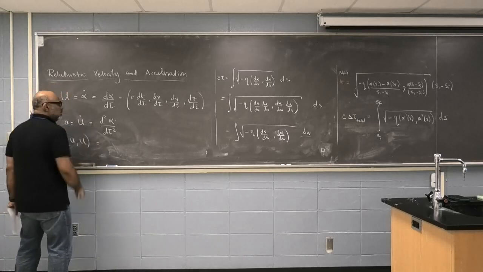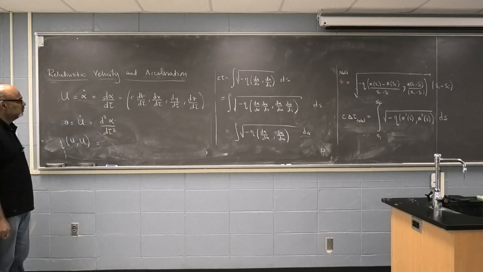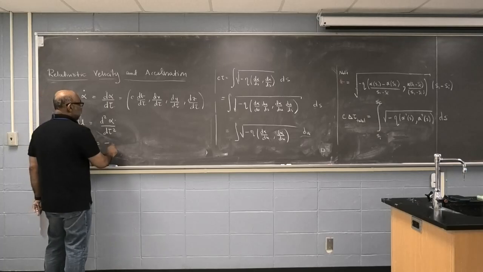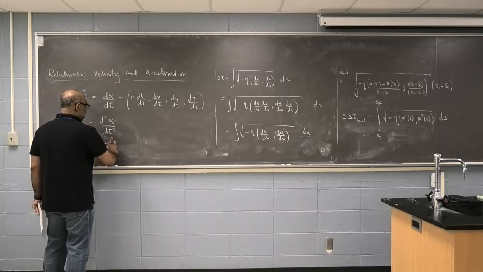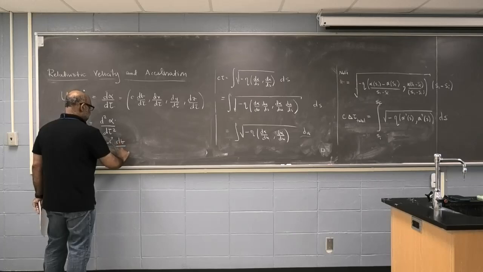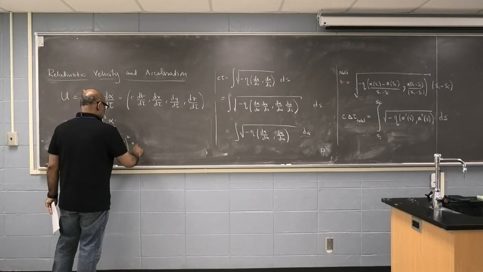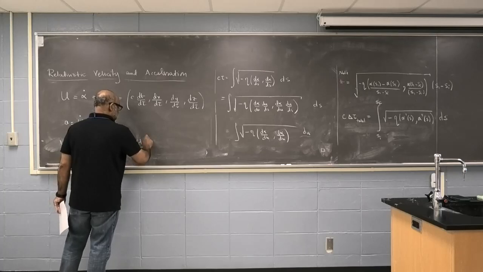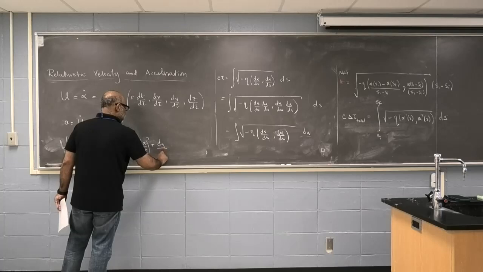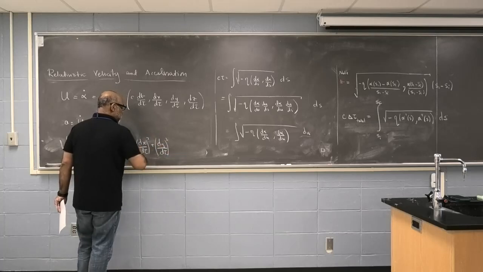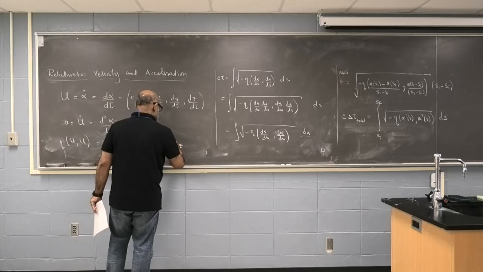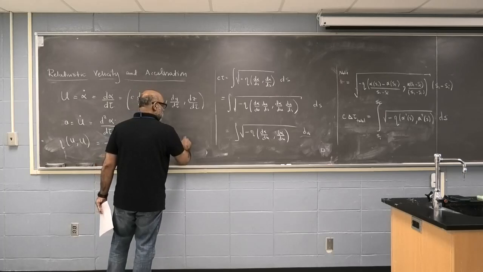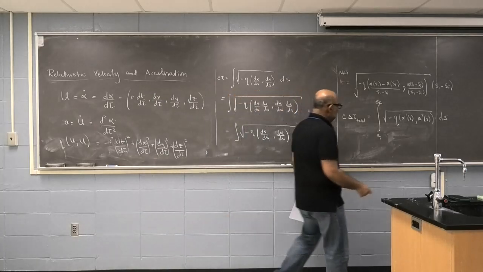What is that? Negative c squared (dt/d tau) squared plus (dx/d tau) squared. On one hand, this is what it is. But I'm glad, for once, I will erase this.